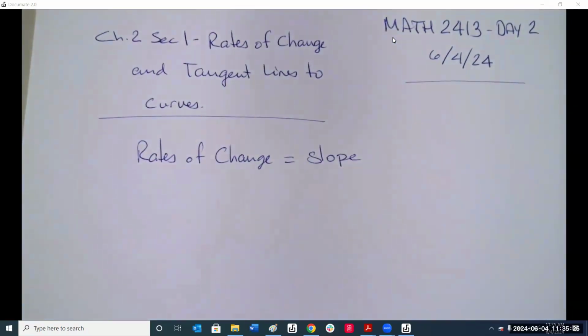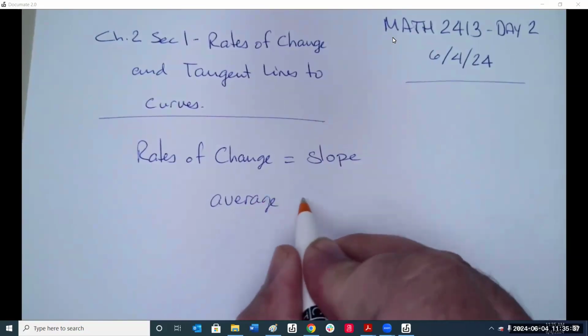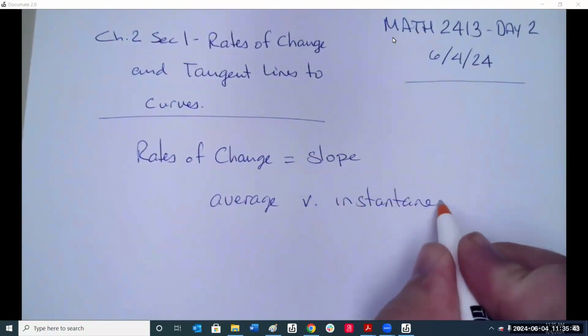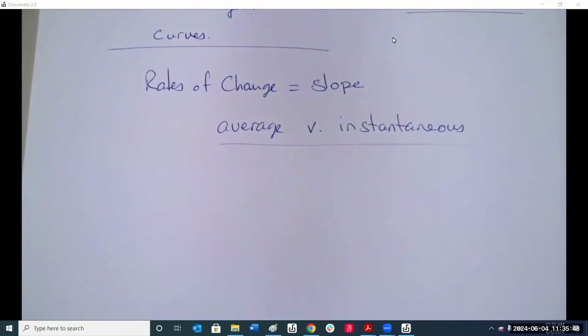We have two primary types, which are average and instantaneous rates of change. What's the difference? What do you think the average rate of change is? What does average mean? How do you calculate the average? Right, so it's a fraction of some sort.